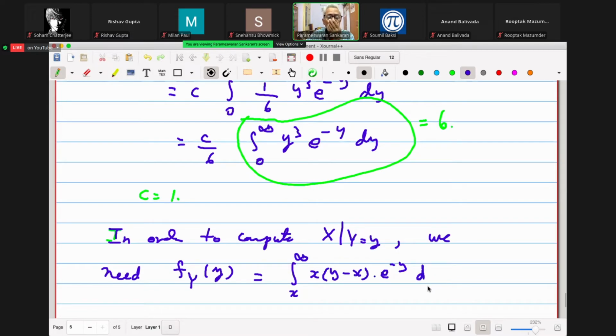So this has to be a function of y. Something is wrong here. So in this formula, okay, nothing wrong.